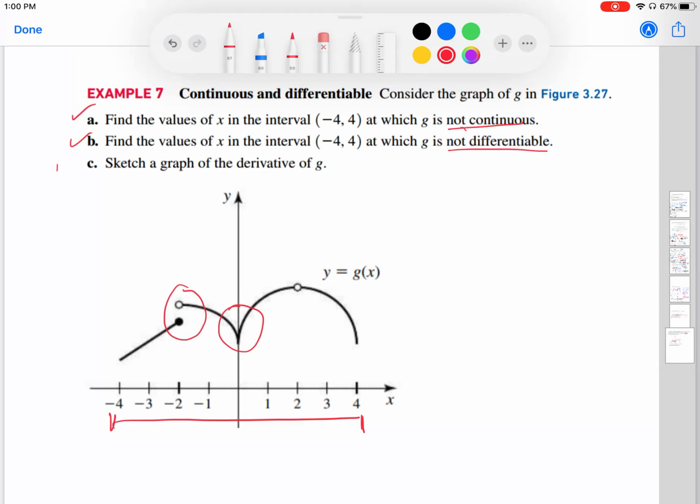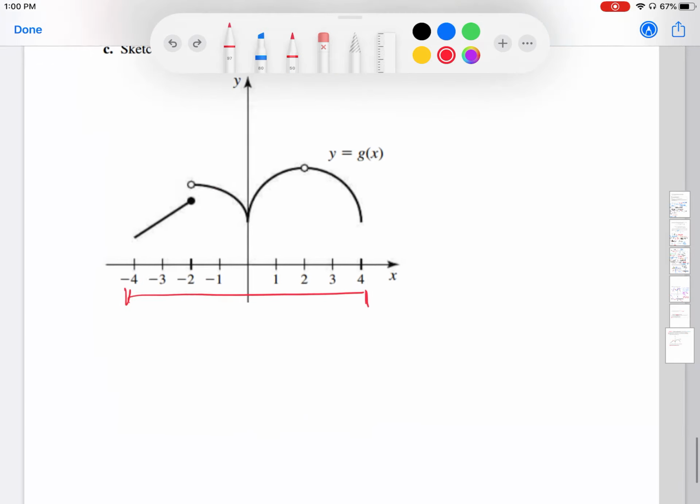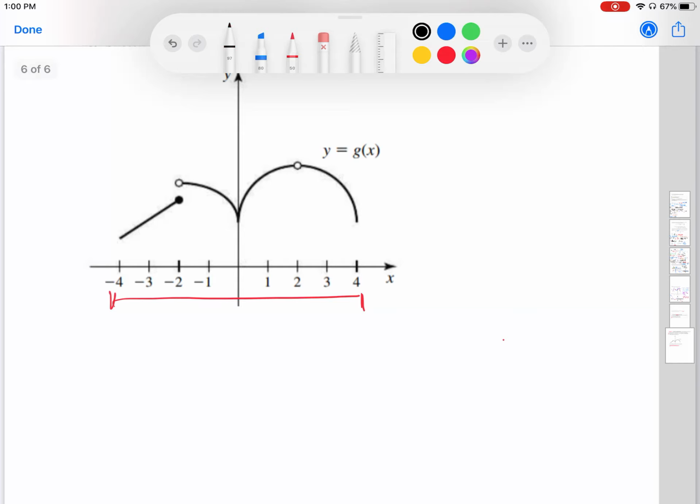And part C, sketch the graph of its derivative. Let's go ahead and sketch the graph of the derivative quickly. So let me draw kind of a mirror of it. I'm not sure what the slope is, and neither are we because they didn't give us this information. But I know this slope is positive. So we have this positive slope from -2 to 4.